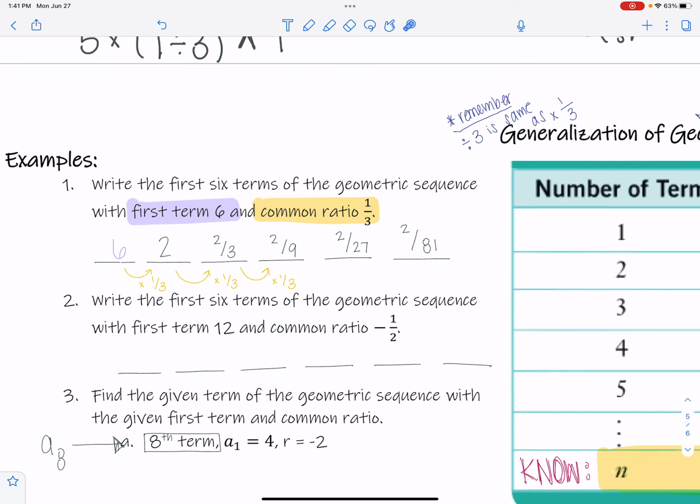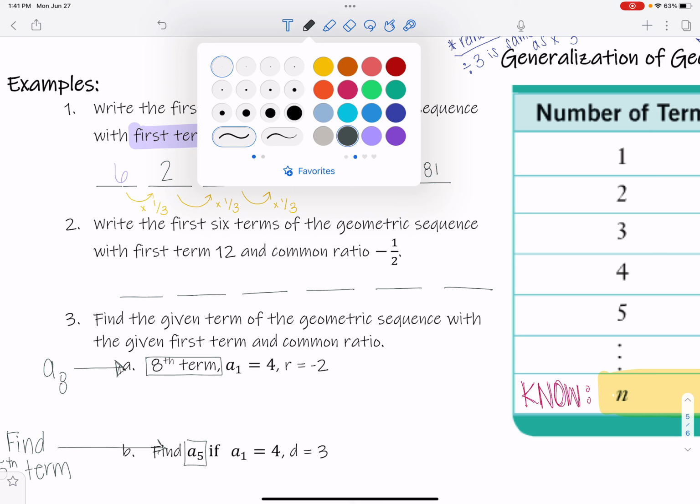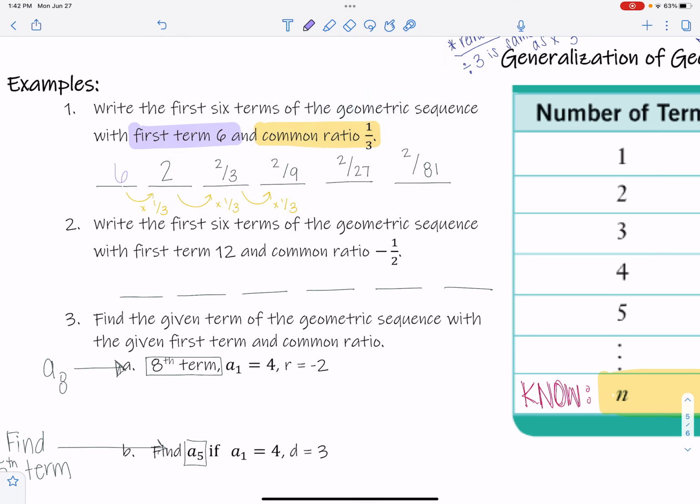All right, number 2 says write the first 6 terms of the geometric sequence with a first term of 12 and a common ratio of -1/2. So now I'm multiplying each one by -1/2. 12 times -1/2 gives me -6 as my second term.